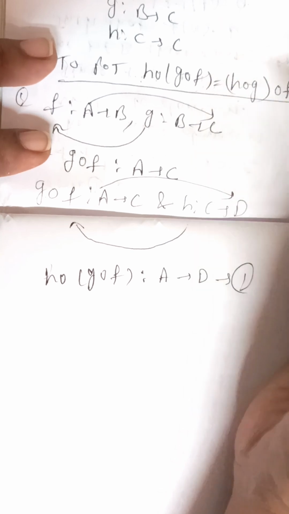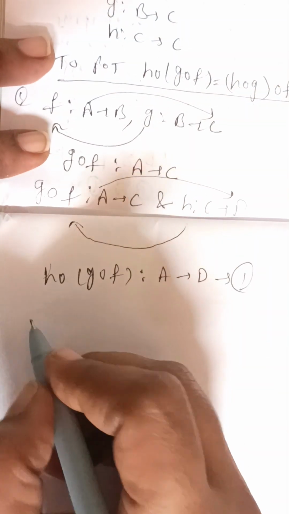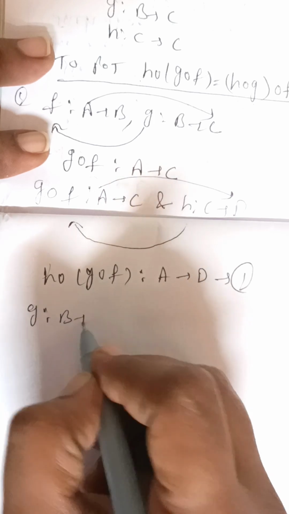Okay, now finding the domain and codomain of h circle g. For that you have to write about g.